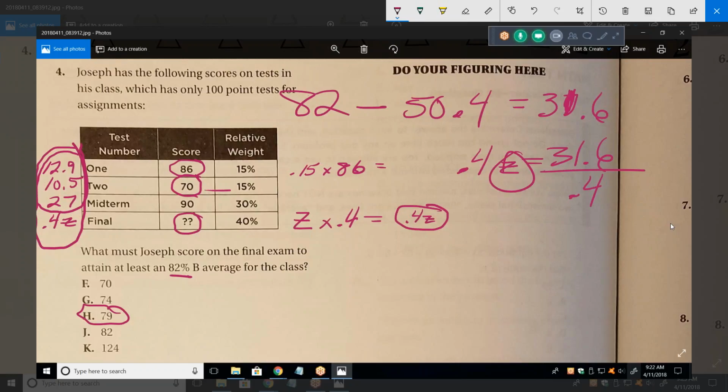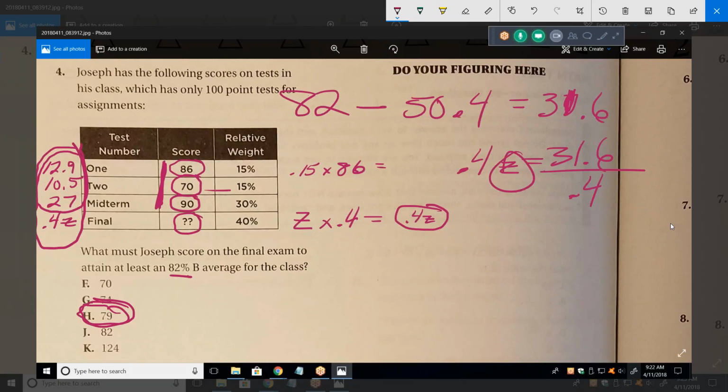Then we get a 90 on a heavily weighted score, so we're up above the 82 average. 79 sounds about right. We can get a score less than our current average through those three scores that's less than 82, and we'll still have at least an 82% B average for the class.